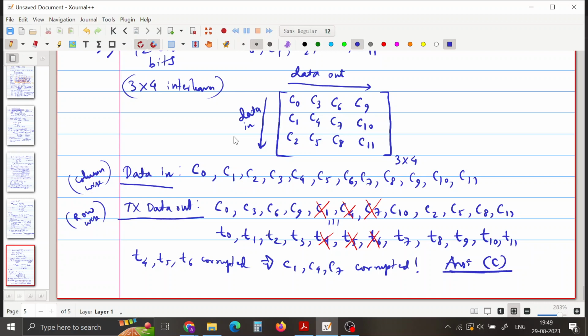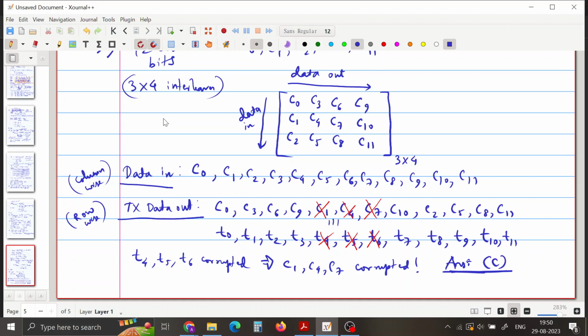The default assumption is data in is column wise, data out is row wise. So it is randomizing the sequence, not reducing the error. It is just to take care of the burst error.